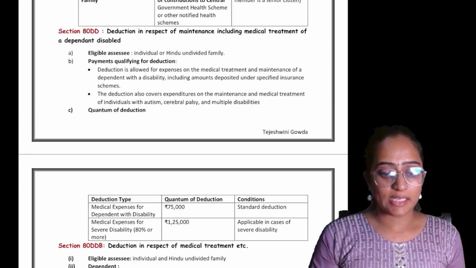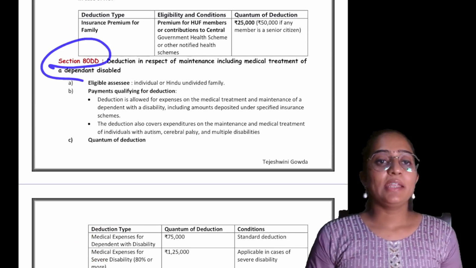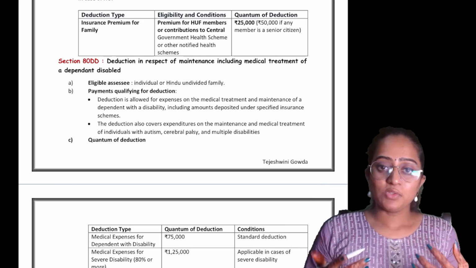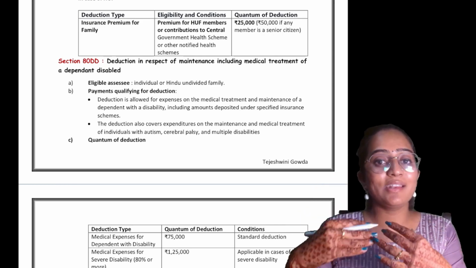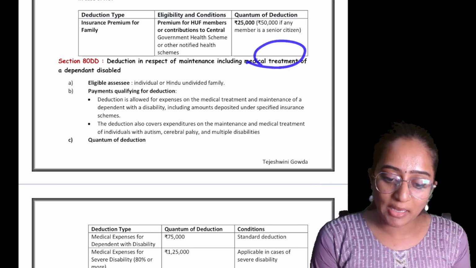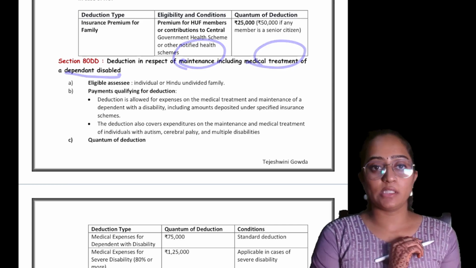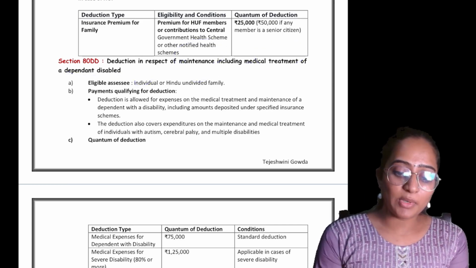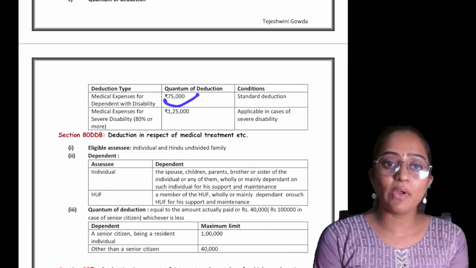Now, the next section, 80DD, speaks about the deduction available for maintenance. If I'm maintaining a dependent disabled person, the medical treatment and maintenance which you're spending for a dependent disabled, the eligible assessees are individuals and HUF. The qualifying amount shall be 75,000.